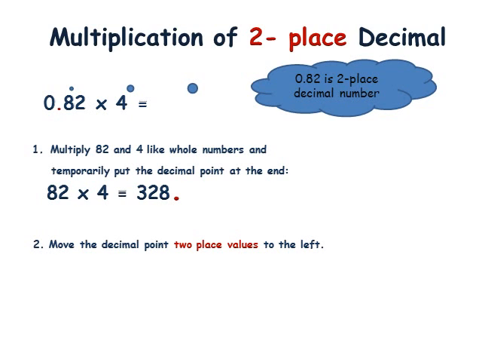Next step: since this is two decimal places, instead of moving it one place, you now have to move two places to the left. From after 8, you move it 1, 2, so your decimal point will be between 3 and 2. So 0.82 times 4 is 3.28.